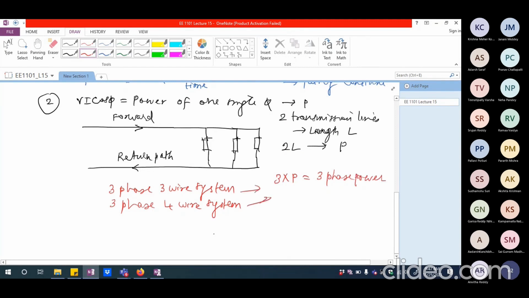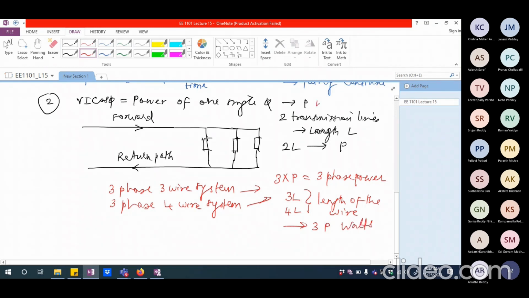How we are going to do it, we'll look at this right now when we are looking at the three phase systems on the whole. So with just 3L length or 4L length of the wire, we would be able to transmit 3P, which is the total power, 3P watts.